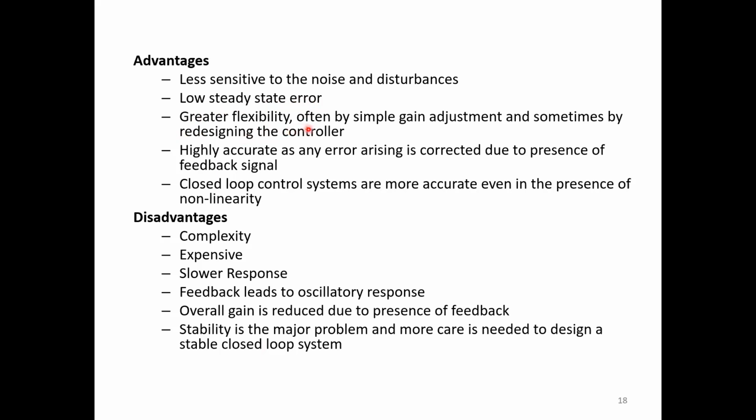It is flexible, often by simple gain adjustment and sometimes by redesigning the controller. Highly accurate, as any error arising is corrected due to the presence of the feedback signal. Closed loop control systems are more accurate even in the presence of non-linearity. We'll come to that point later.